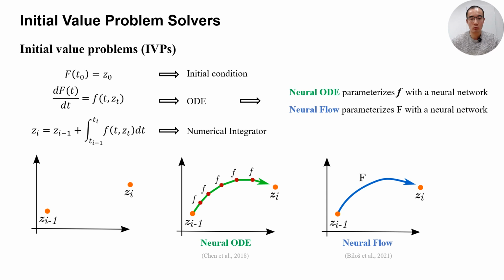Starting from an initial point, it can calculate the states at other timestamps with a combination of a neural network and numerical integrators. Neural flow provides an efficient alternative by modeling the state transformation directly with a neural network. As they all propagate hidden states by solving IVPs, we collectively refer to them as the initial value problem solver in this research.